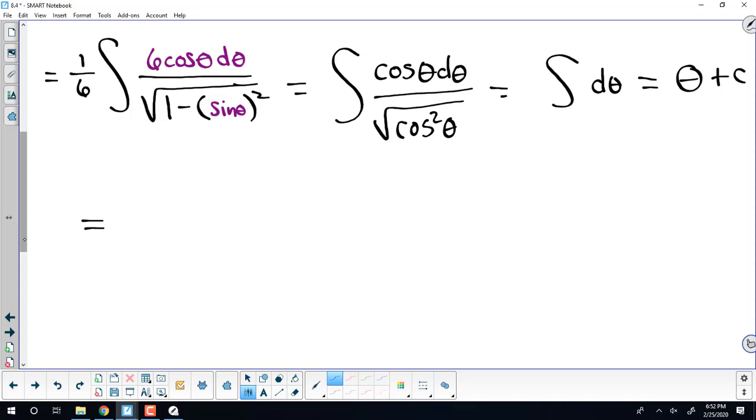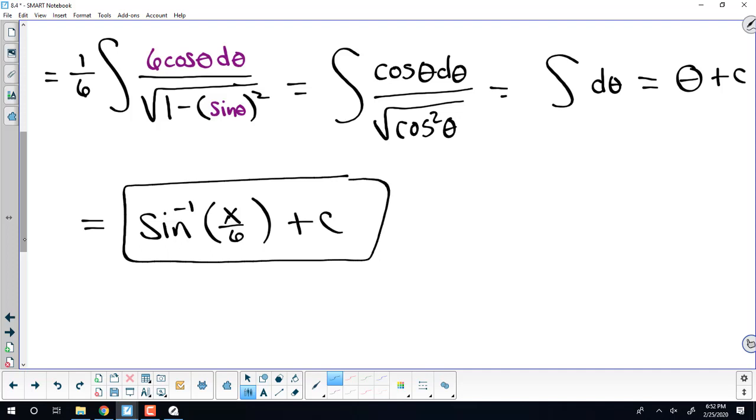Now we recognize that integrand was totally in that form, right? Remember, inverse sine is one you should definitely know. Theta is inverse sine of x over 6. So great, if you don't remember that that's inverse sine, now you have trig substitution. We'll tell you that it is inverse sine.